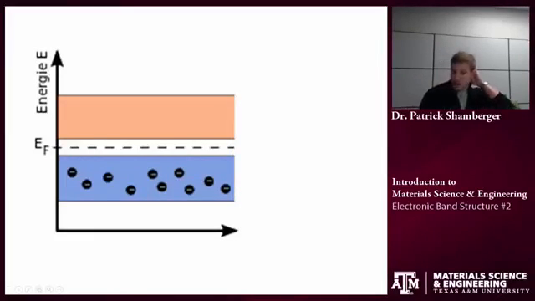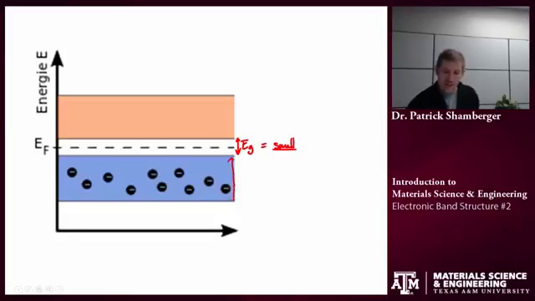And this is the picture for a semiconductor, if this band gap is relatively small, and I start filling up, and I run out of electrons exactly when I fill up this lower band. And so again, this is called the valence band. This up here is the conduction band.